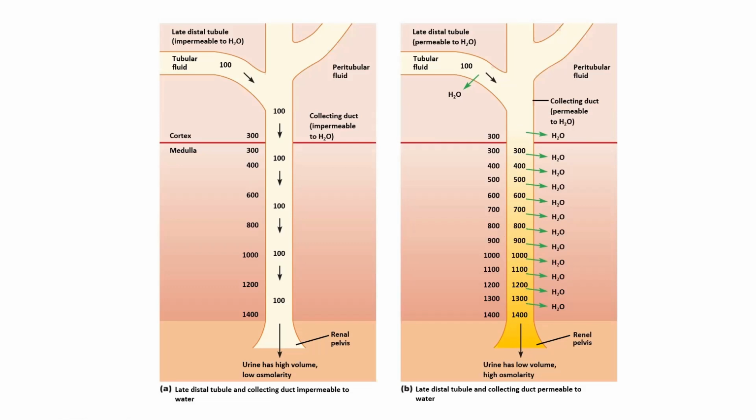That is that obligatory loss in order to excrete toxins and waste products. The body must eliminate at least 400 milliliters of urine to get rid of that waste. And so you're still going to have urine output, but it's going to be very low in volume. It's going to be very concentrated, have a very high osmolarity, and it's going to be mainly waste and mainly those solutes that were reabsorbed.